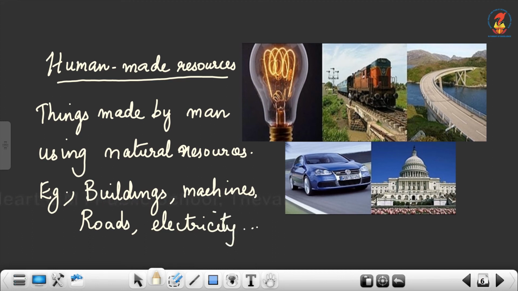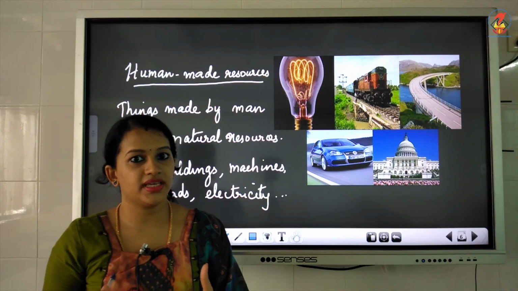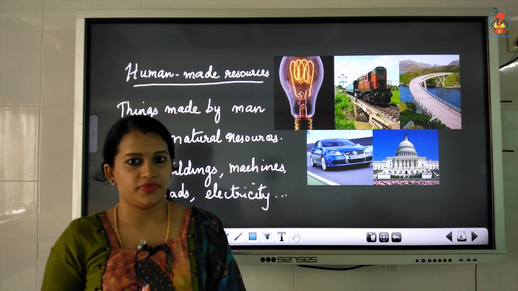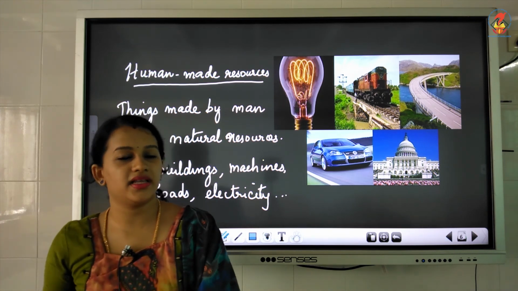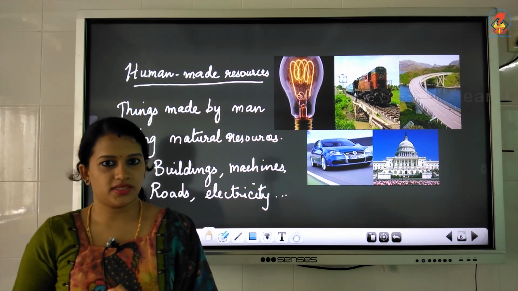All those are examples of human made resources. Why? Because these things are made by humans using the natural resources. So, using the natural things, they use it to make another thing. Okay. So, these are called human made resources.